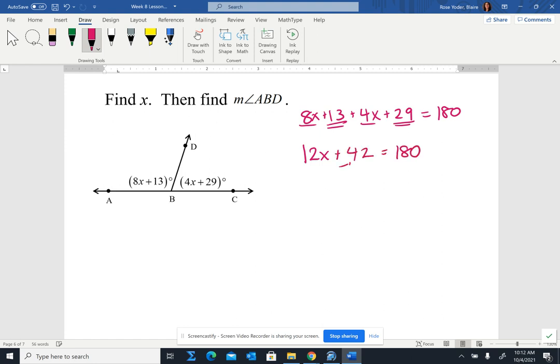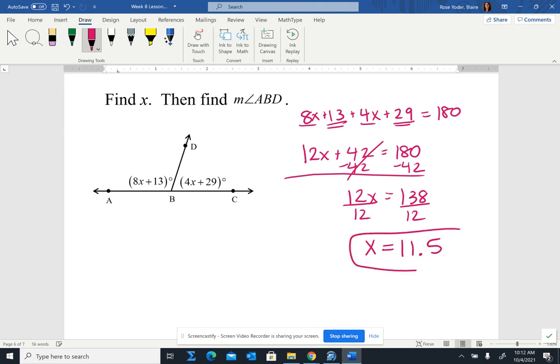And then I want to get x by itself, so I'm going to do minus 42. And that gives me 138. So let's divide that by 12. I don't know if it's divisible or not. It is not, but that's okay. You get 11.5 for your x. Let's see which one we have to substitute it back into. It says angle ABD.